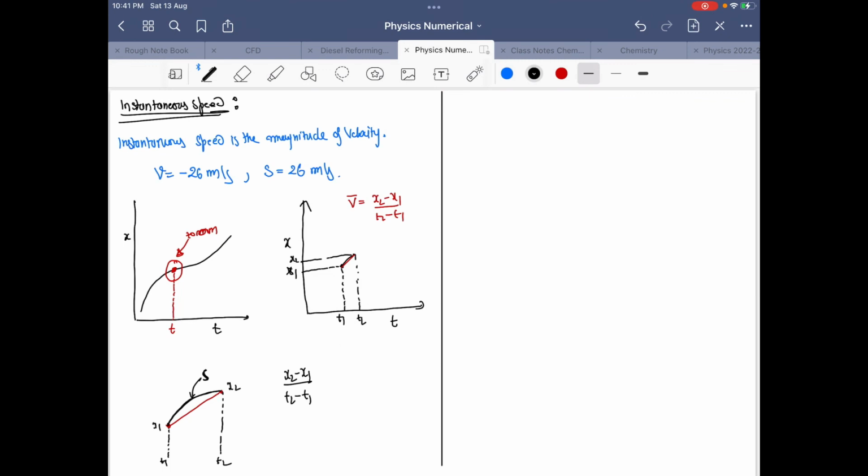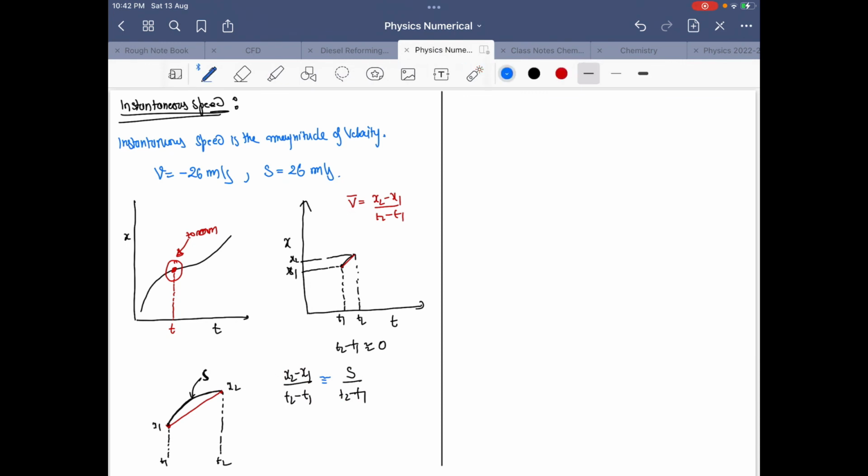Since our time interval, t2 minus t1, is approximately equal to 0, that means these 2 times are very close. At that time, if we find your average speed, that is s divided by t2 minus t1, it will be approximately equal to your average velocity.